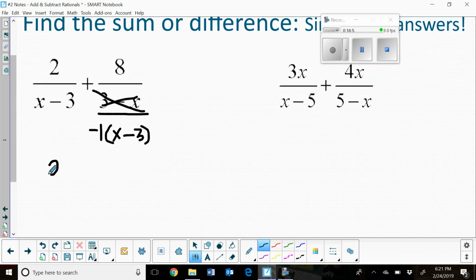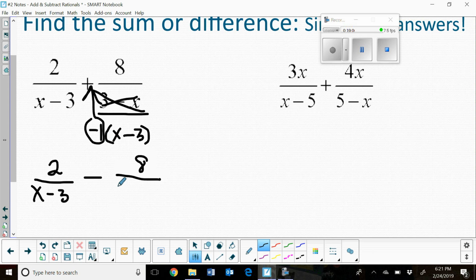So I have a 2 over x minus 3 minus, I'm just bringing this negative up and replacing it here, minus 8 over x minus 3. Now I can very simply subtract. 2 minus 8 is negative 6 over x minus 3.